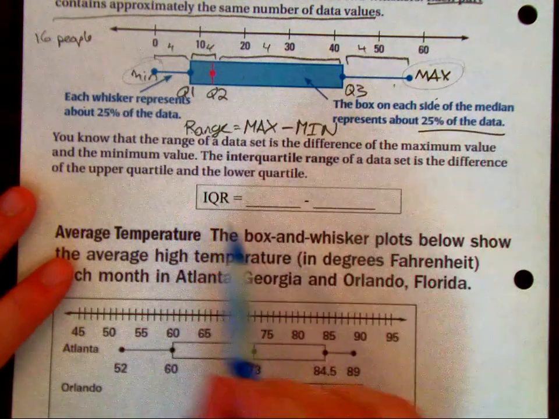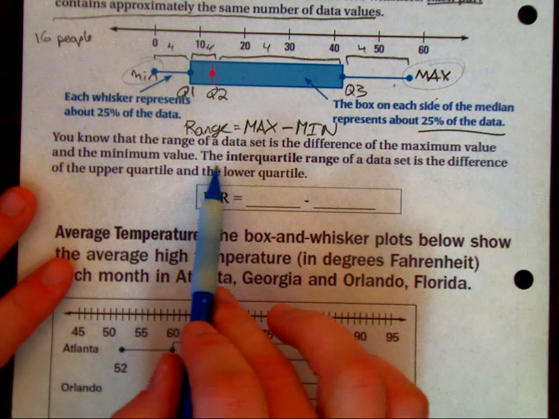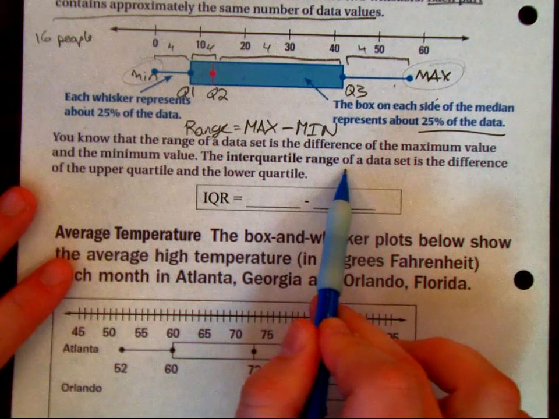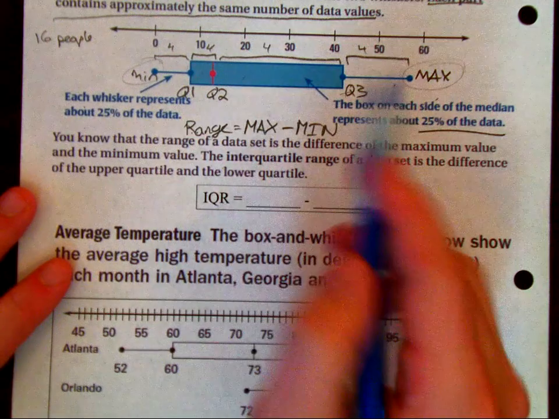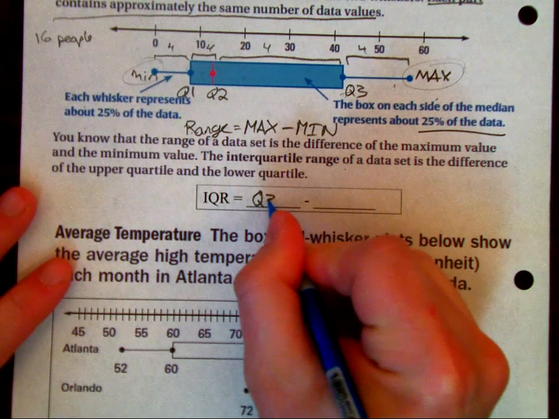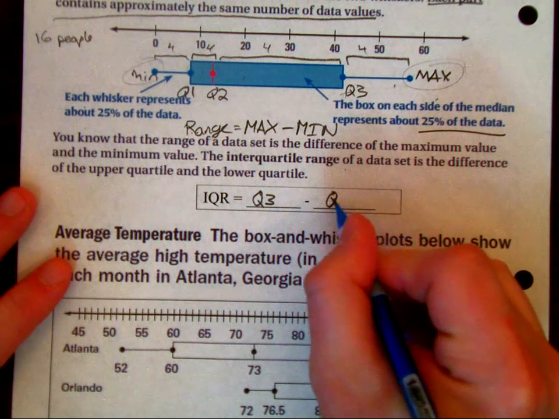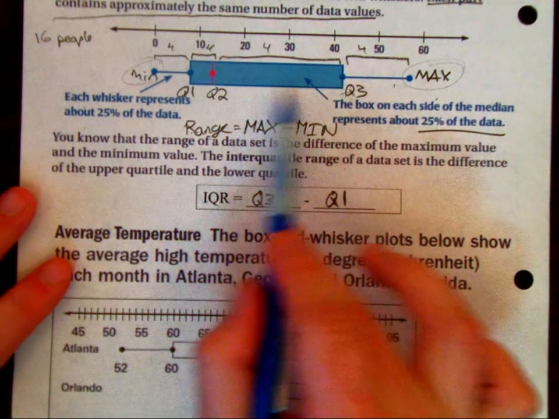Now, if you want to say the interquartile range, that's just talking about the Q3. So we're going to say this is the Q3 minus that Q1. So we're talking about this box, essentially. We're talking about that range.